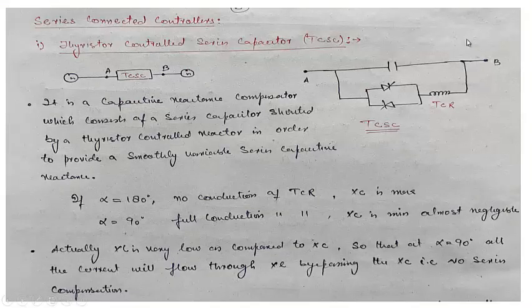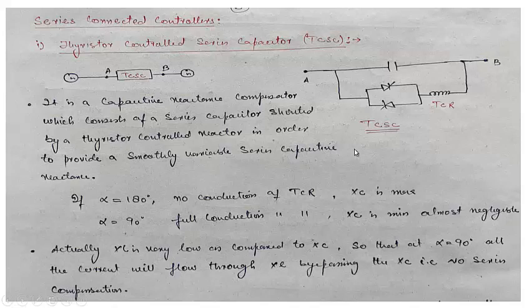This whole combination is used in series with a line like this, with point A and point B of this TCSC. So it is a capacitive reactance compensator, which consists of a series capacitor shunted by a thyristor controlled reactor in order to provide a smoothly variable series capacitive reactance.